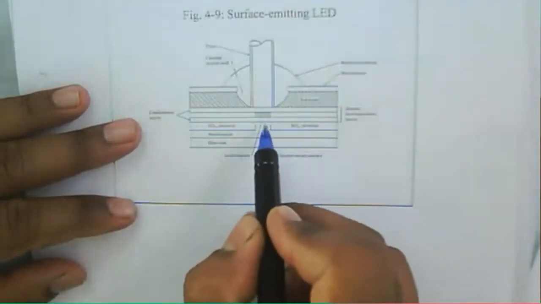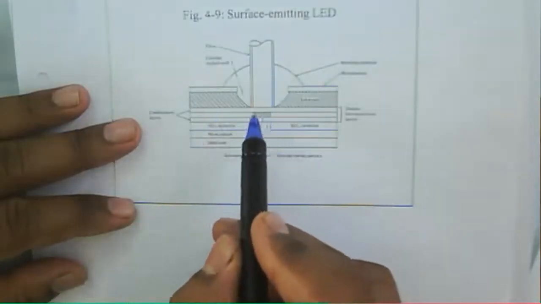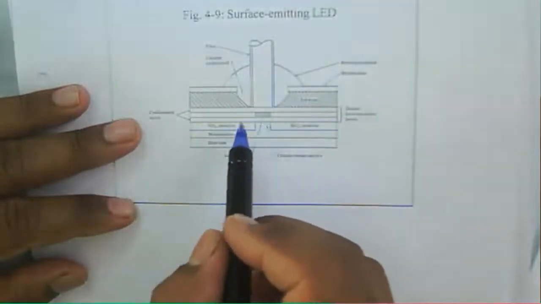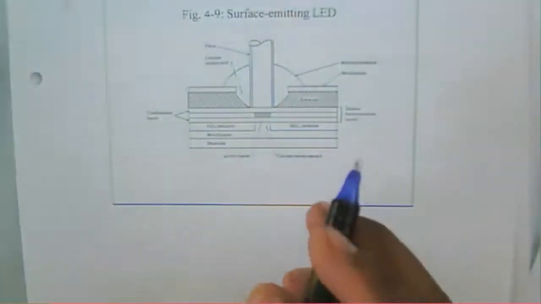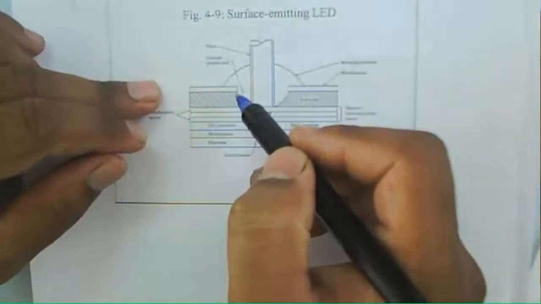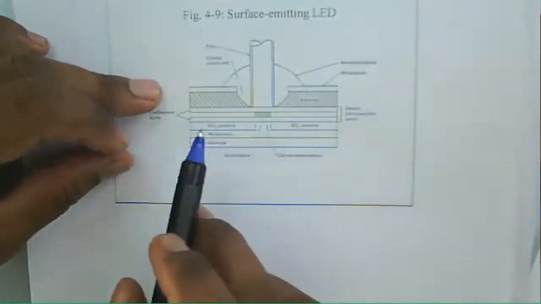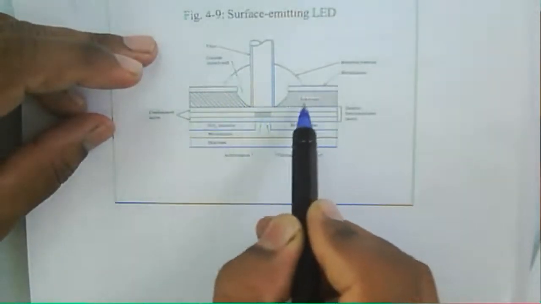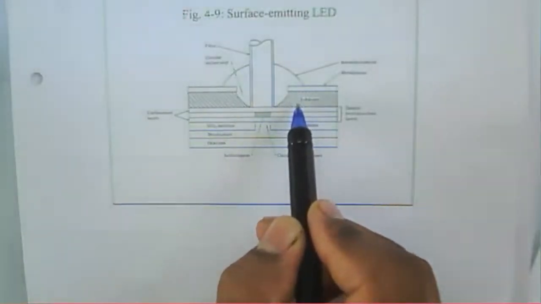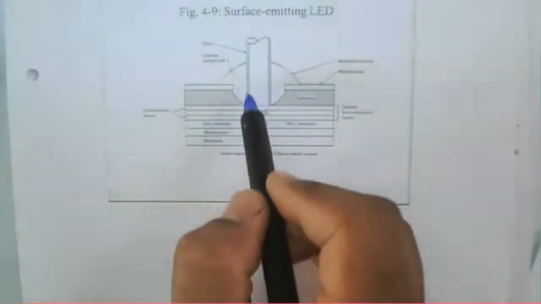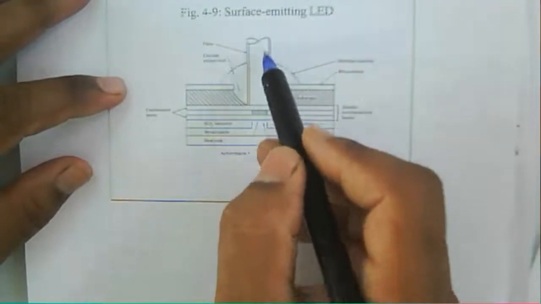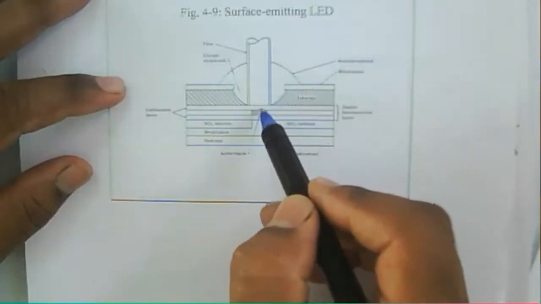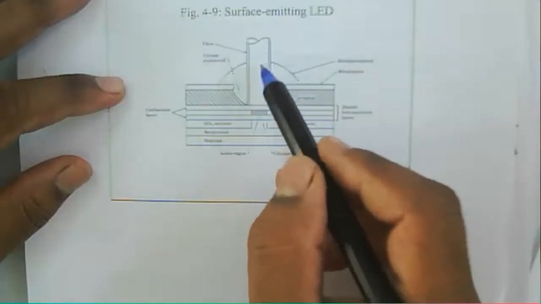If you consider the active region, the plane of this active region will be perpendicular to the fiber axis here. In this configuration, the active region is deployed on a given substrate, and the fiber is cemented to this substrate, so that whatever light is emitted from the active region is accepted by the fiber.